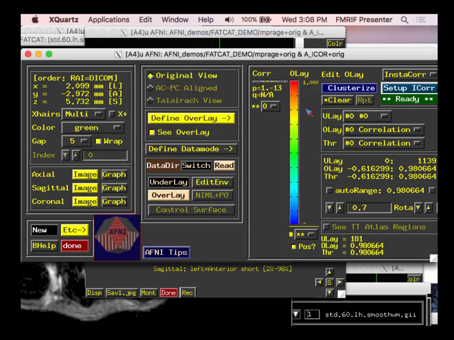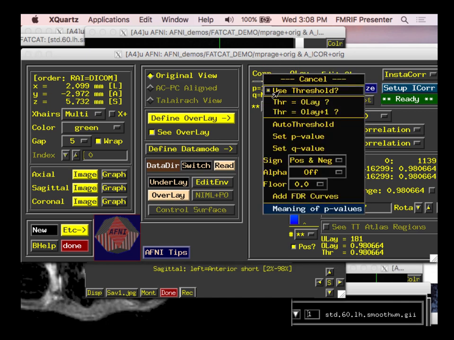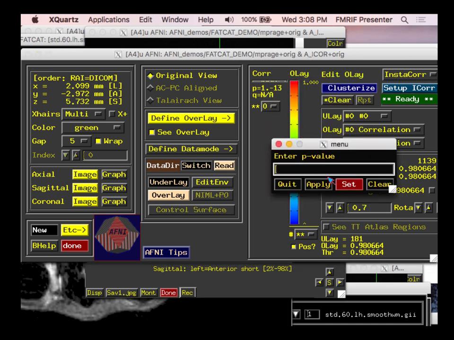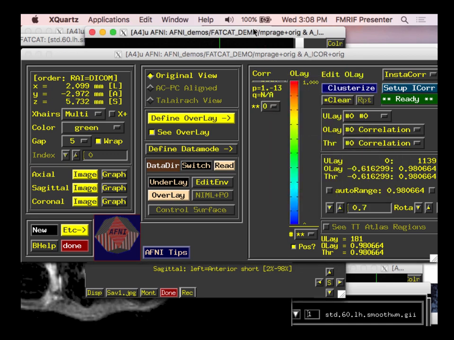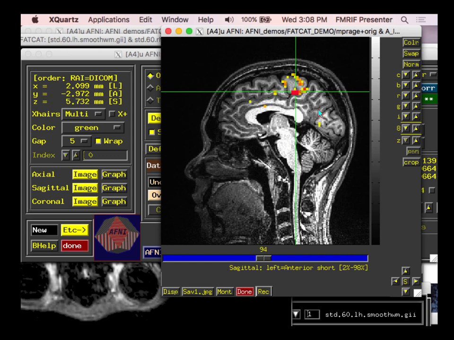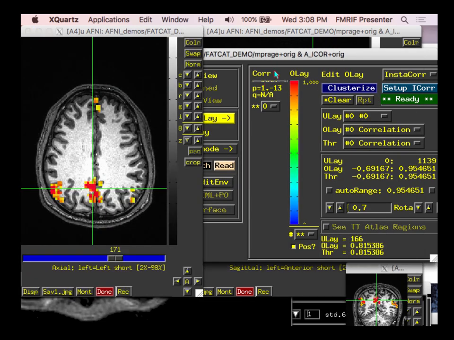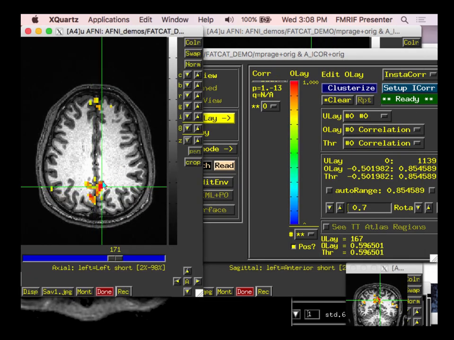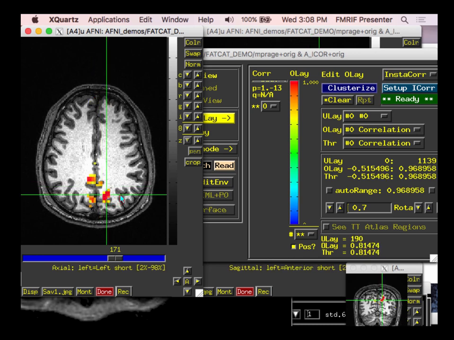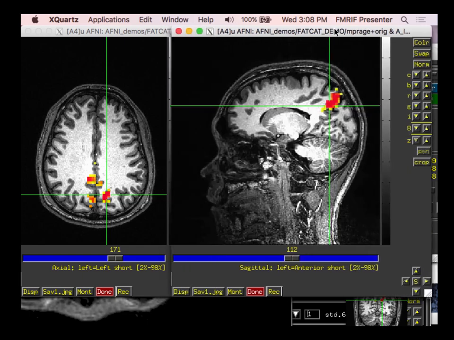Okay, and let me just reduce the threshold. Okay, so right now it's thresholding at 0.5, which is a little higher than I might want. But this shows me in kind of real time as I click around through a data set what other parts of the brain are highly connected functionally to this.